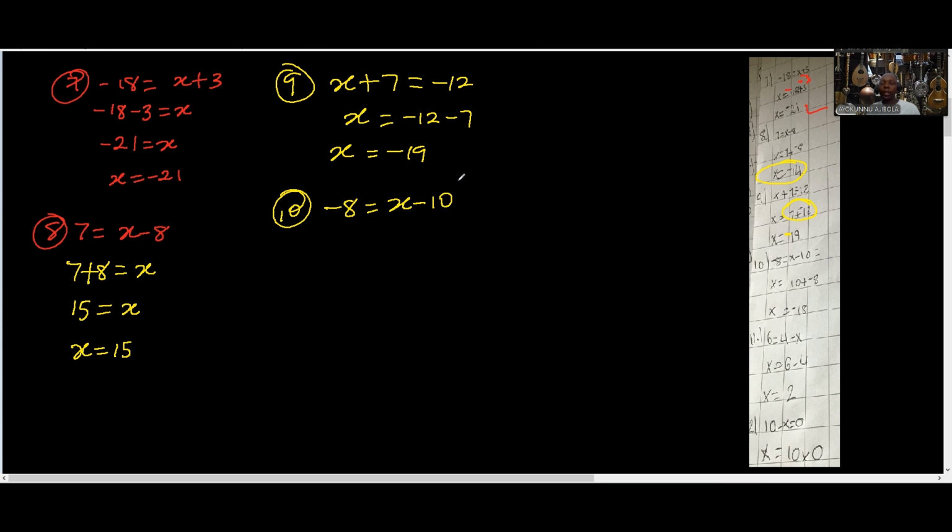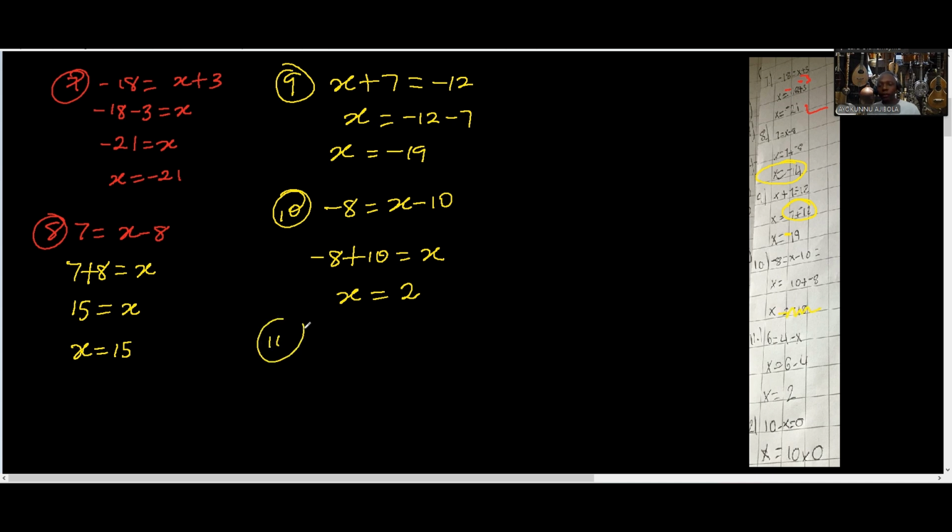So minus 10 is going to meet the minus 8. So minus 8 is outside. Minus 10 is coming to become plus 10, then x. So x will be a positive 2, okay? To be a positive 2 because the positive carries the weight there. So this one is wrong there.